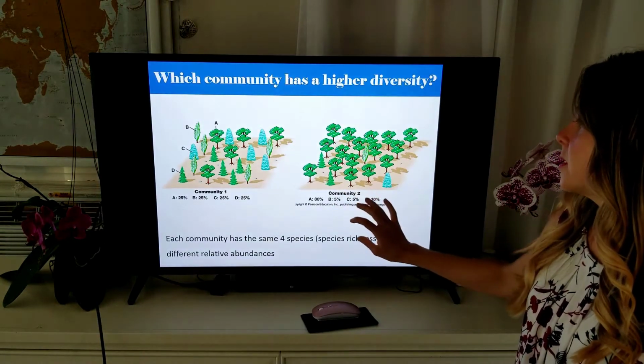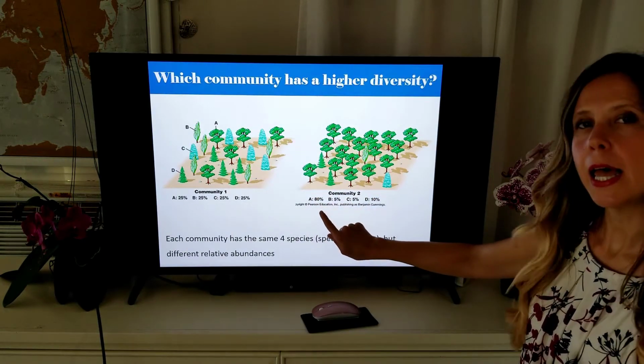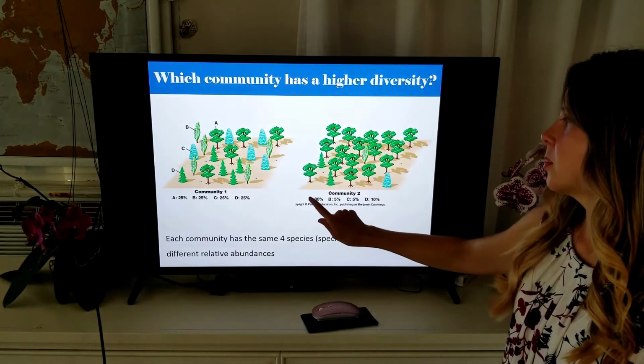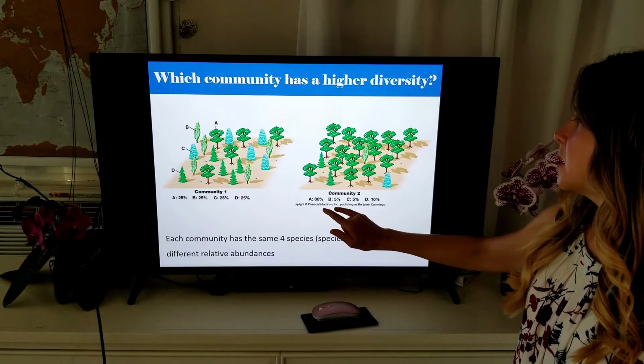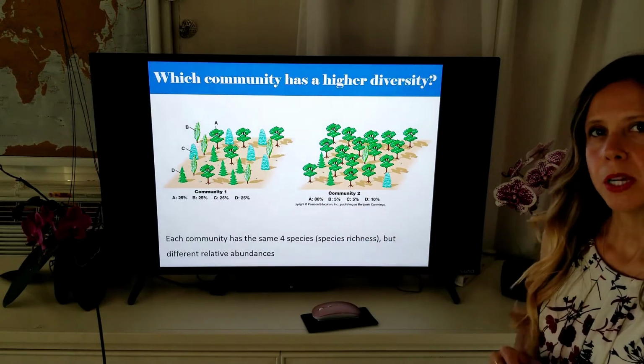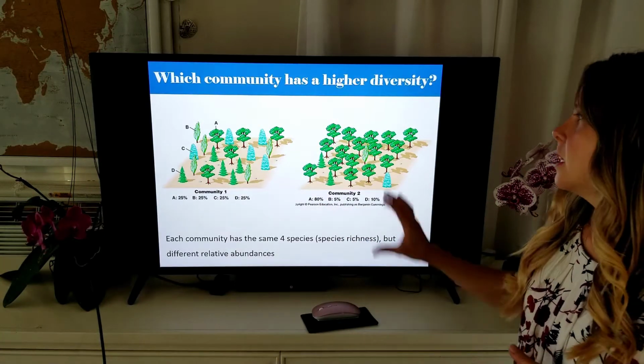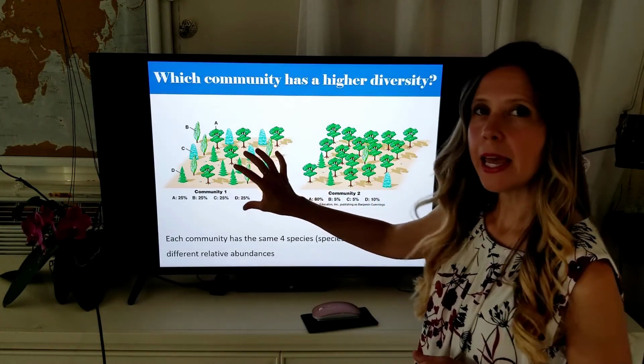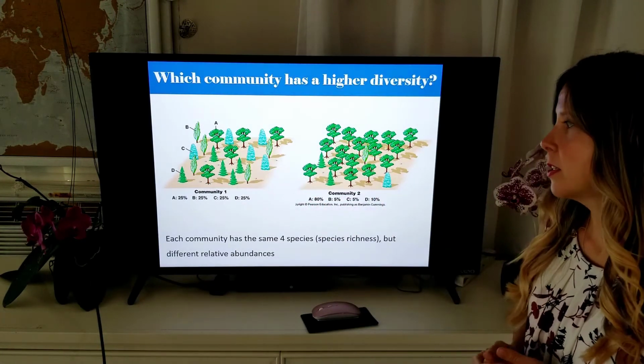Whereas in community 2, if we have a look, species A is occupying the majority. So 80% of that community is composed of species A, whereas species B, C, and D make up much smaller percentages. So if we compare these two communities, we can see that community 1 has a higher diversity.